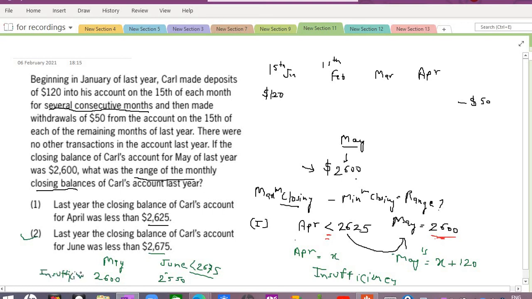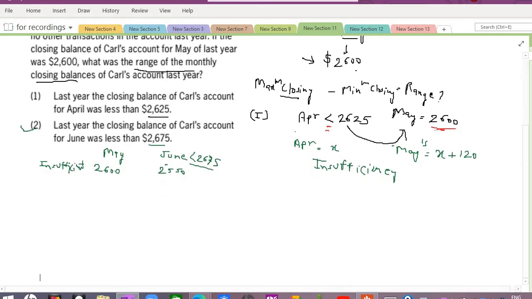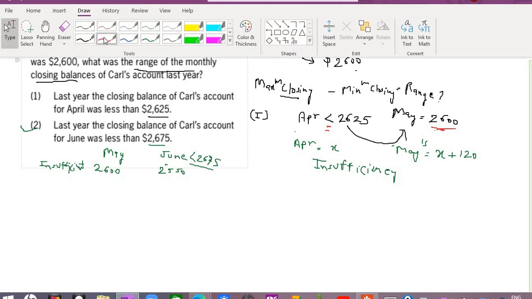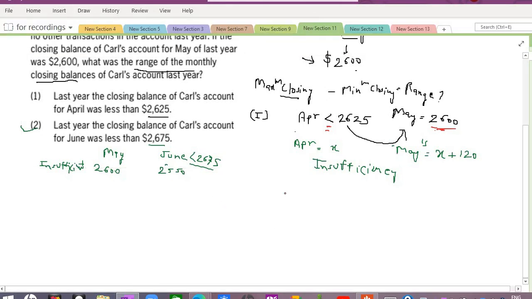Now you see, this is like pieces of a puzzle. When you take both statements together, the entire picture will be clear. From statement 1, we know that from April till May, he actually deposited 120, but from May to June, he started withdrawing this amount.